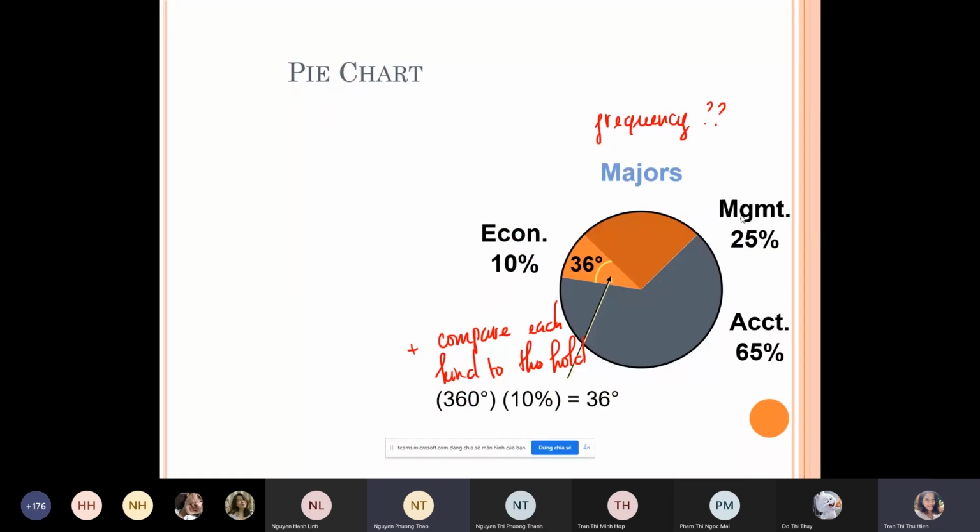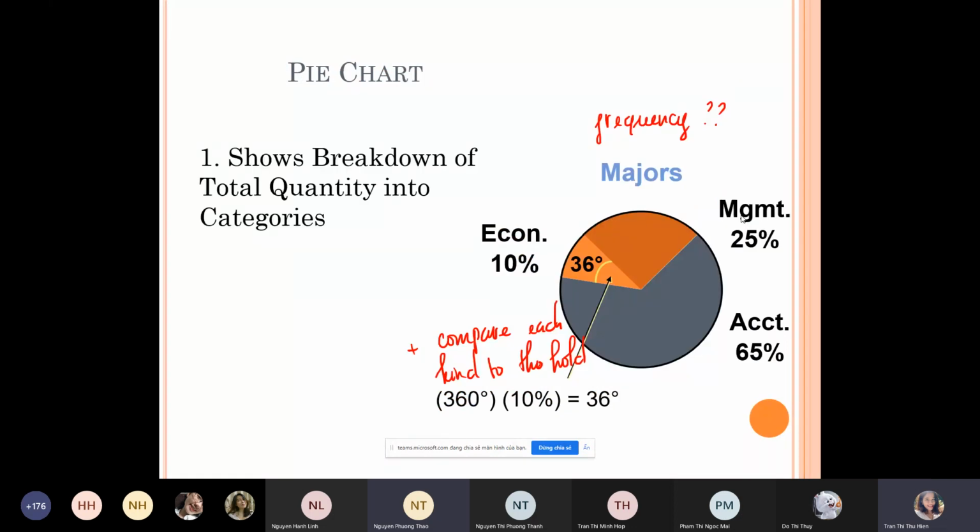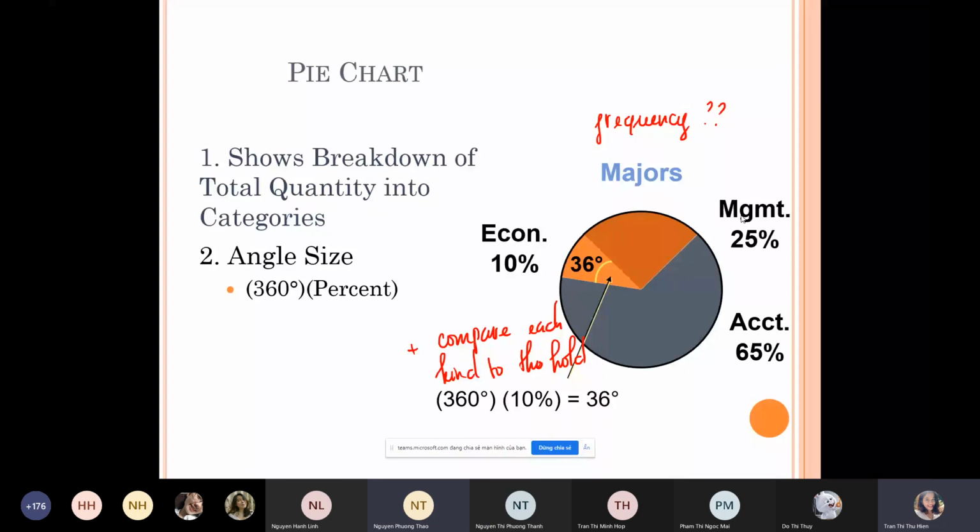When you look at the pie charts, can you know exactly how many students joining economics or management? Can you know exactly how many students for each major? No. Right. You just know the proportion, right? You don't know exactly how many students joining each major in here.